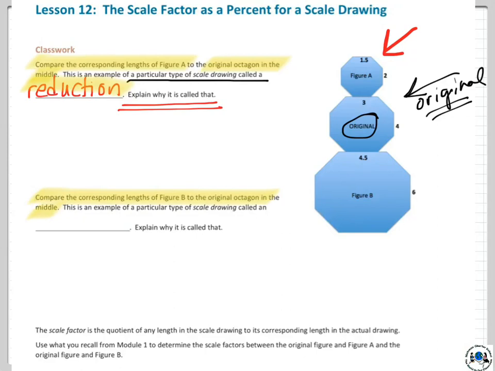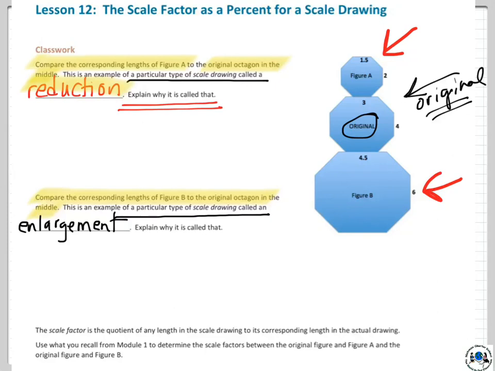So now we're going to go ahead and look at figure B, below it there. We're going to look at that figure and compare it to the original, which is there in the middle. This, of course, has a very particular name, and that special name is called an enlargement.